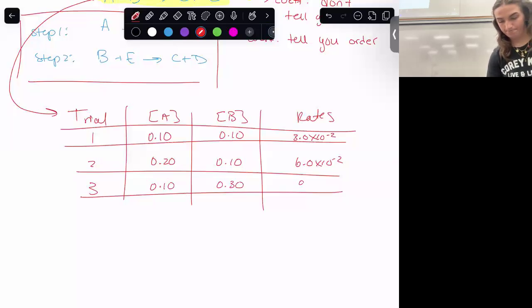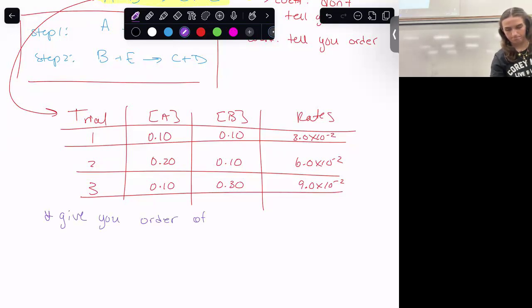That's how you find your coefficients as well. If you're doing this type of problem with the trials and the rates, this tells you the order of the reaction, and that's all it will give you there.